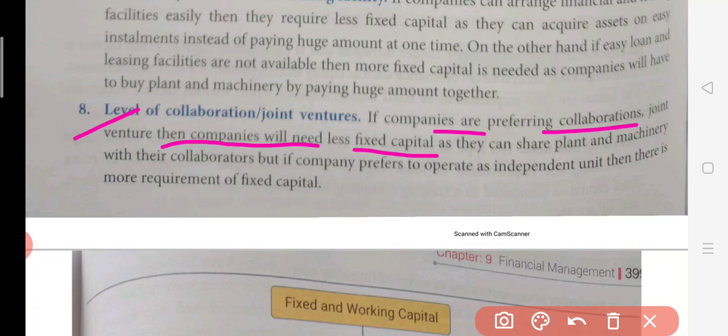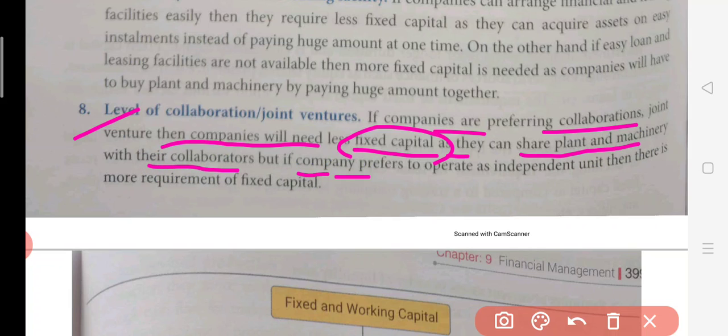This will increase the cash available to them, so they will require less fixed capital, because the capital will be easily available when two business houses join hands. Then they can share the plant and machinery with their collaborators.